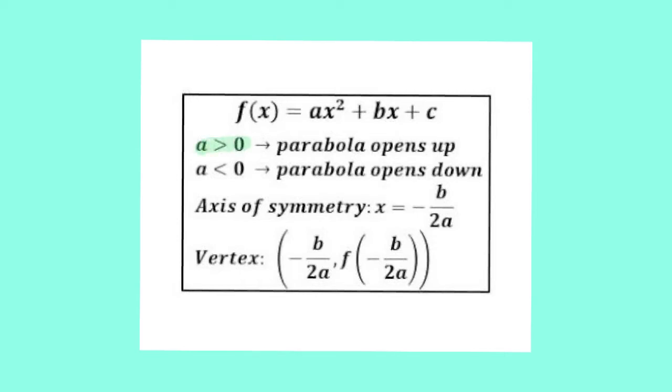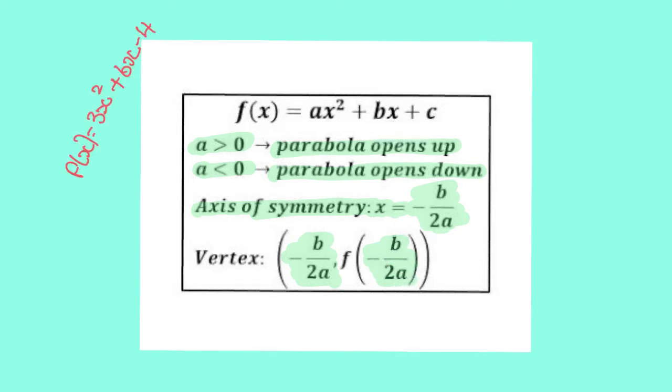If a is greater than 0, the parabola opens upwards, it looks like a U. If a is less than 0, the parabola opens down, it looks like an upside down U. You can find the axis of symmetry, which is always at x equals minus b over 2a, and the vertex is at the point (minus b over 2a, f of minus b over 2a).